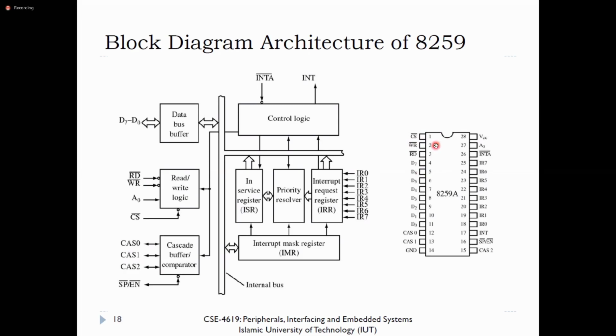You are already familiar with chip select: it needs to be grounded, or a logic 0 signal has to reach the 8259 for selecting this particular 8259 IC. Read and write operations always come from the microprocessor, and the interrupt request is sent towards the microprocessor, while the interrupt acknowledgement comes from the microprocessor. We have the VCC and ground pins, and D0 to D7 is also connected with the microprocessor.